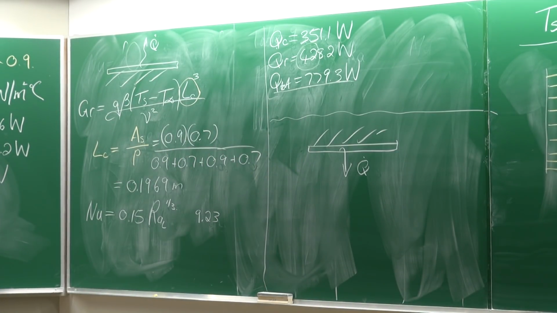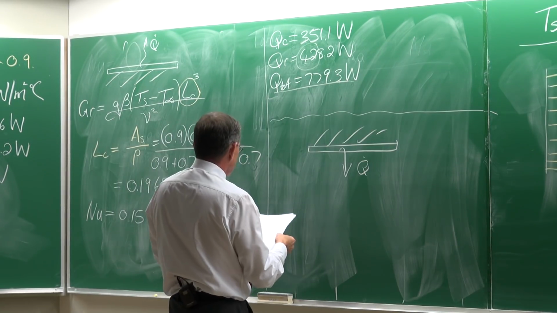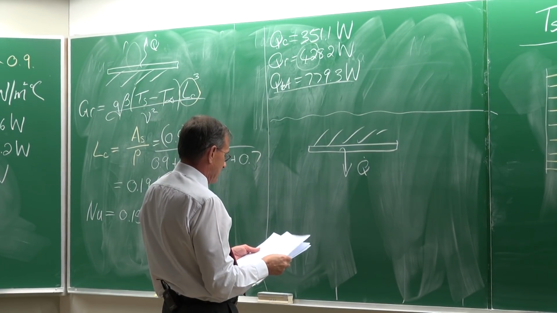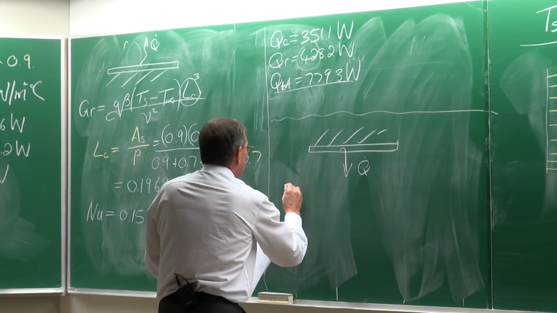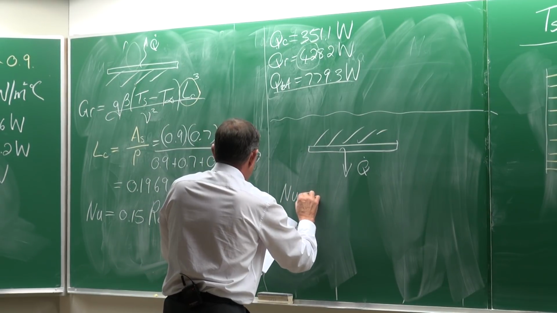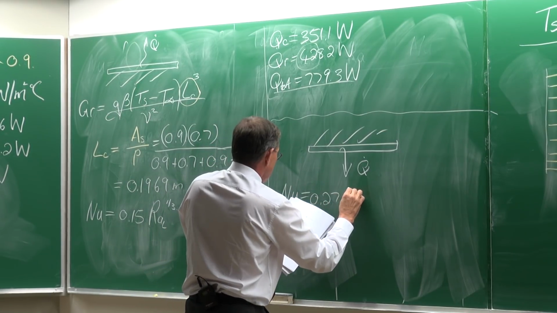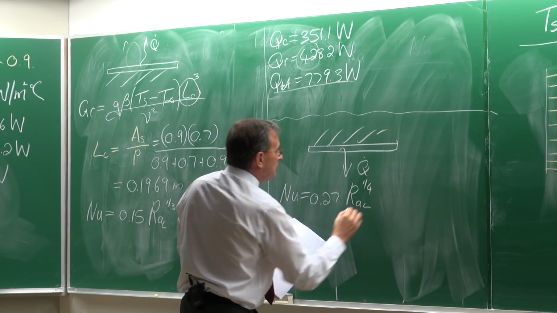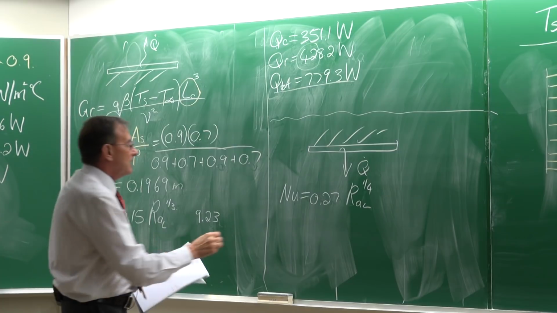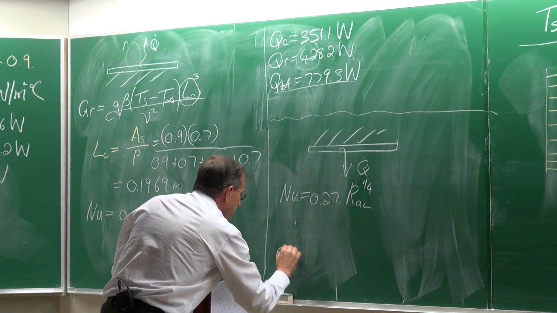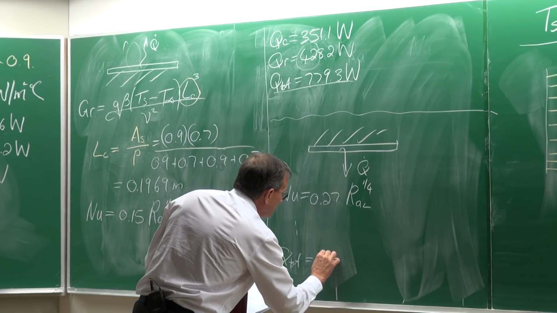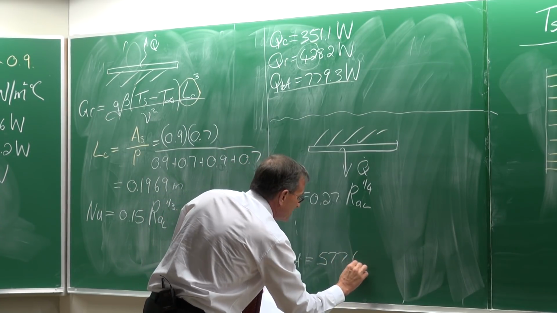The characteristic length calculation is exactly the same, but now we have to use the equation: the Nusselt number is equal to 0.27 Ra to the fourth, based on the characteristic length. You can go and do all the calculations and check and see that the total heat transfer rate is now going to be 577.6 watts.